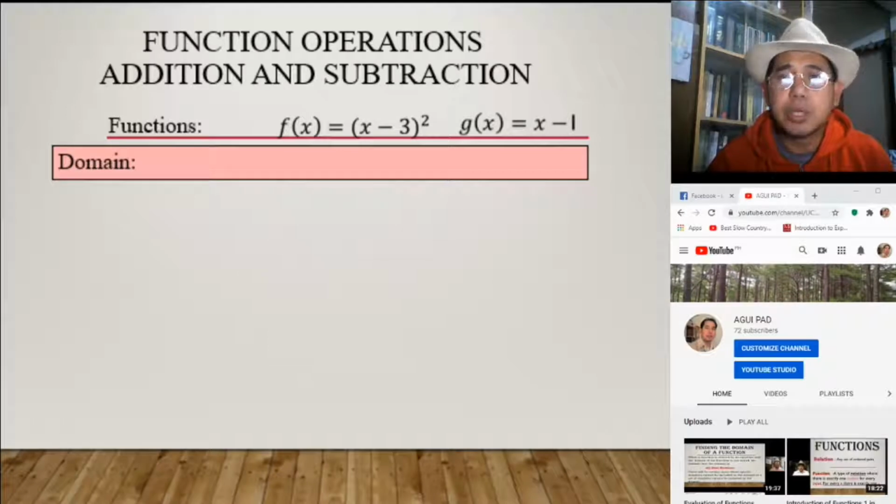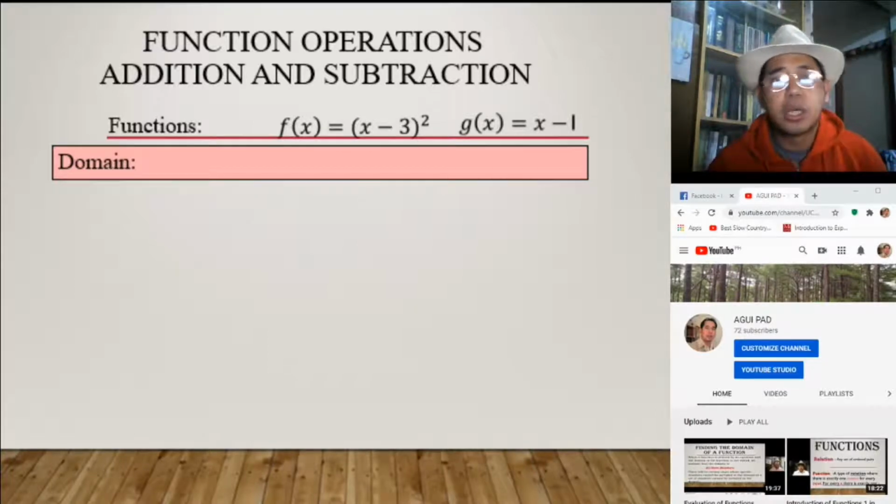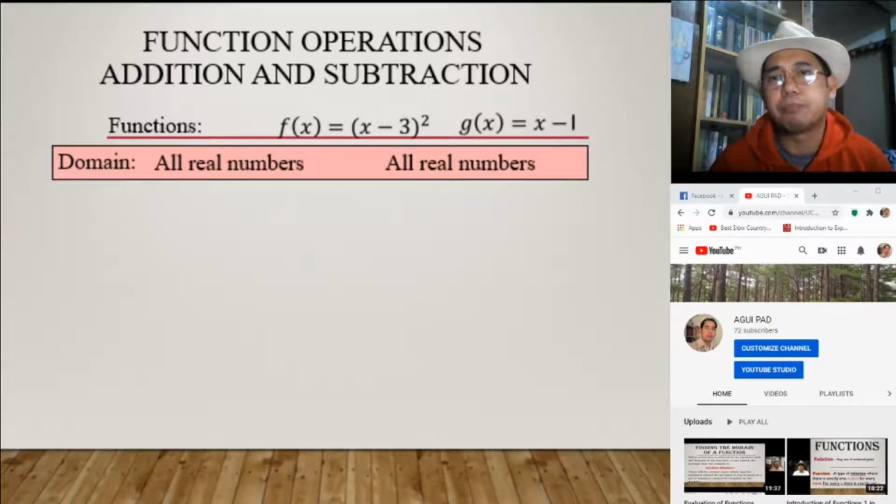So you will notice the question in here is: what is the domain of these two functions? Again, there is no such limitation, so the domain of these two functions, f of x and g of x, are all real numbers.